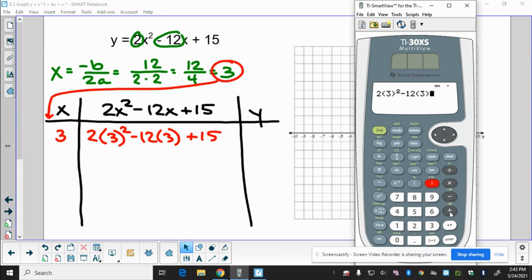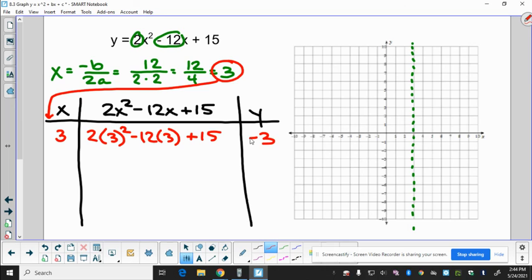And then plus 15. All right, so I'm getting negative 3 for that. Take a good look at the way I entered that into the calculator. That's the way you should be doing it as well. All right, so that's negative 3. Let's graph that. 3 and then negative 3.